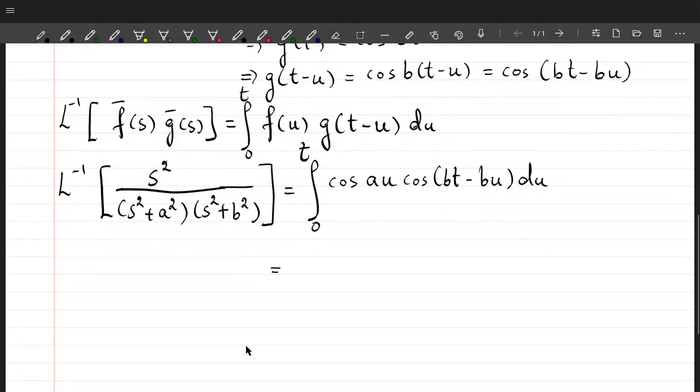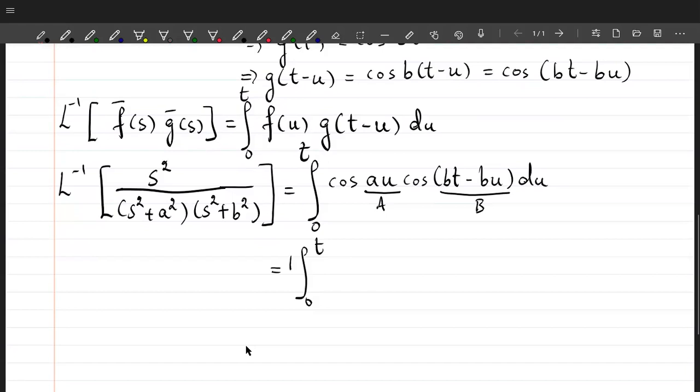That's equal to integration from 0 to t over here. Now when you are using the cos A cos B formula, this term here becomes A and this term bt minus bu becomes B. So what is the cos A cos B formula? It is 1 by 2 into cosine of A minus B plus cosine of A plus B, correct?